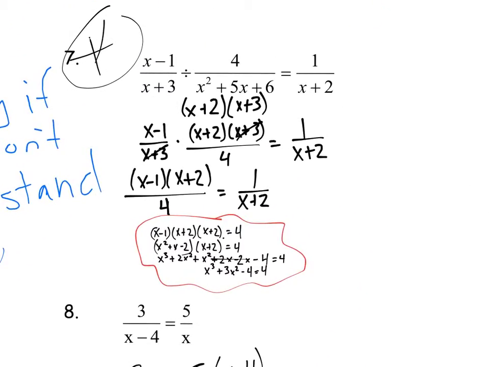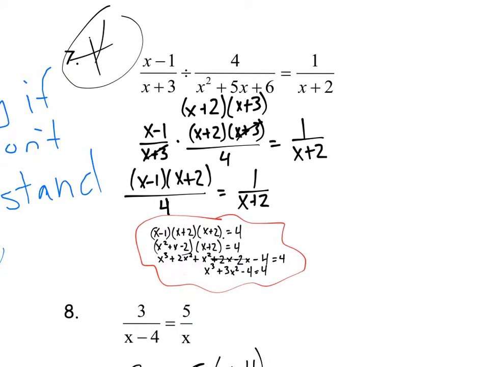This one's just kind of a mess, and I stopped halfway through because I didn't want to confuse you guys or confuse myself even. So this is what I did up to this point. I divided, so I multiplied by the reciprocal, canceling out things. This is all stuff that you should be able to do.